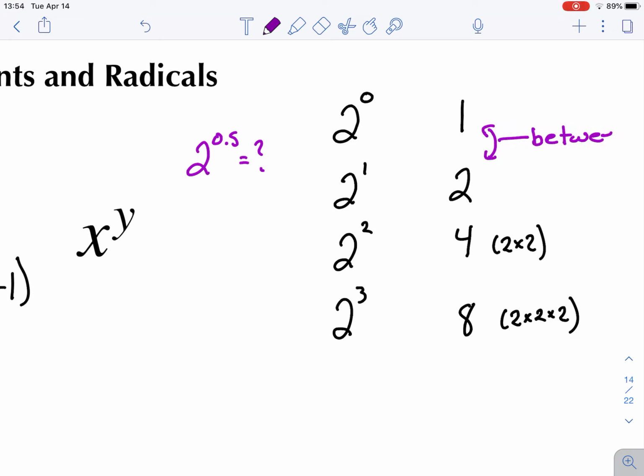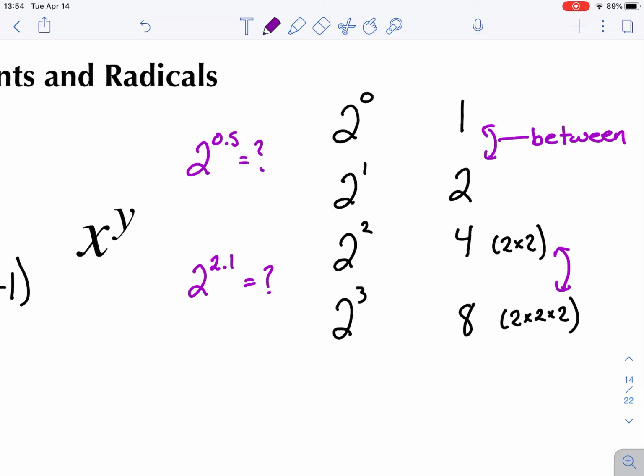Somewhere between those two. But where exactly? Same thing, if we had 2 to the power of 2.1, what would that equal? Well, it would have to be somewhere between these two, and it would have to be closer to 4 than it would be to 8, because 2.1 is closer to 2 than it is to 3.